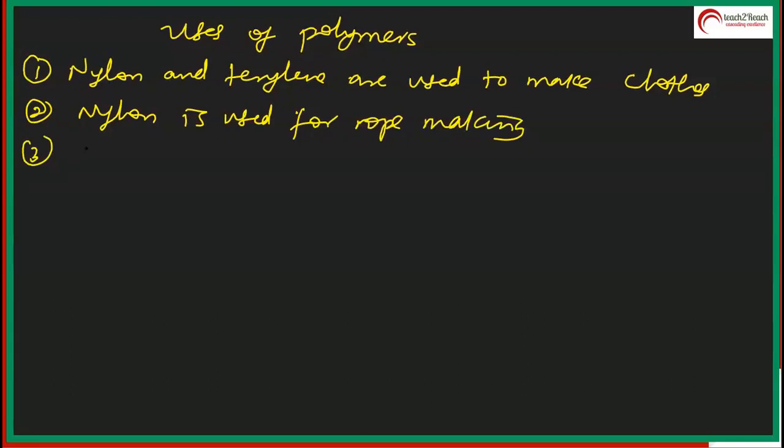Have you heard about the word PVC before? Yes, it's that plastic thing. Yes, polyvinyl chloride is used for electrical insulation. Most of the wires in the house have this insulating substance around them.